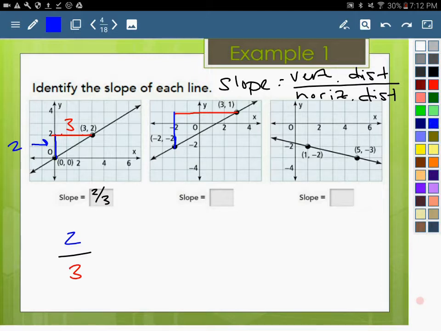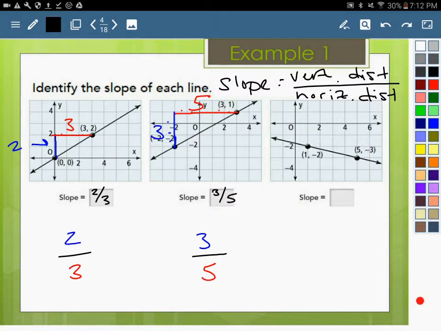The vertical distance is 1, 2, 3 units, and the horizontal is 1, 2, 3, 4, 5 units. So the slope here is the vertical distance, 3, divided by the horizontal distance, 5. So the slope of this line is 3/5.